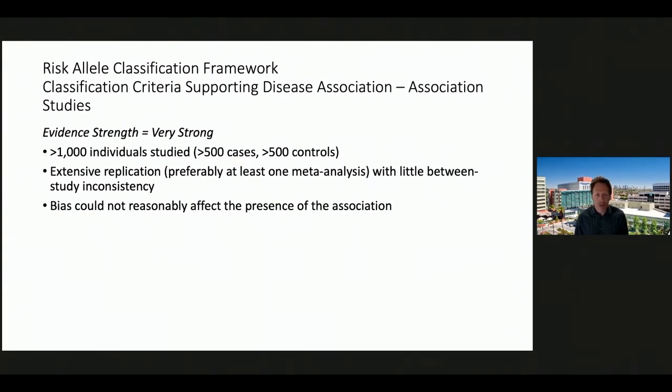There's extensive replication, preferably at least one meta-analysis with little between study inconsistency. And when you look at the study design, bias could not reasonably affect the presence of the association. So scientifically, this association, it's not coming back. We're not going to wake up tomorrow and have some publication that just throws it in the garbage. That's unlikely. You can sleep well at night. That's very strong. So next slide.